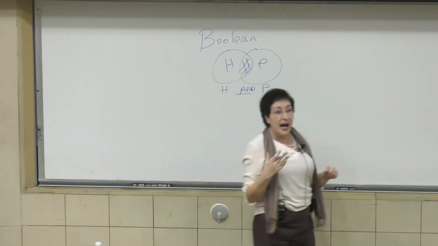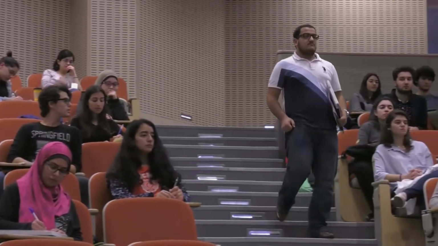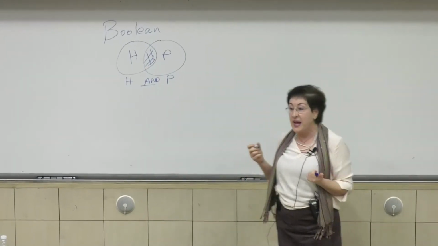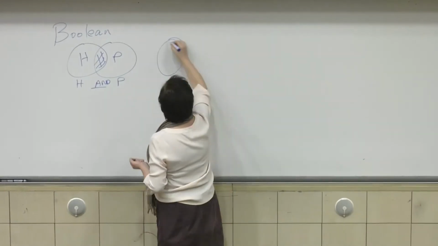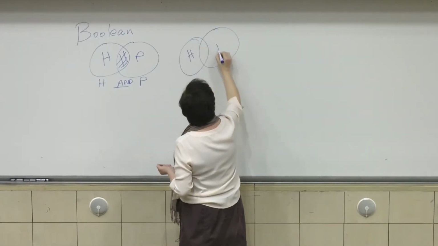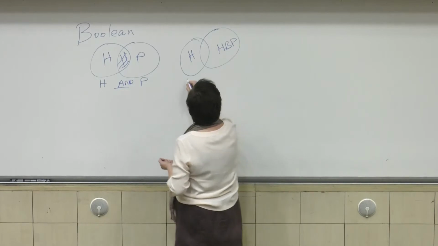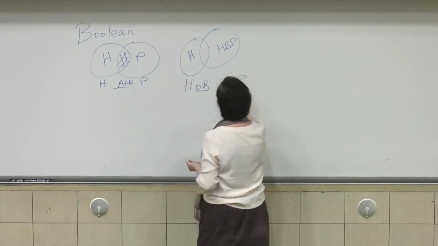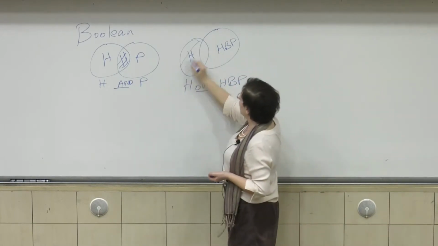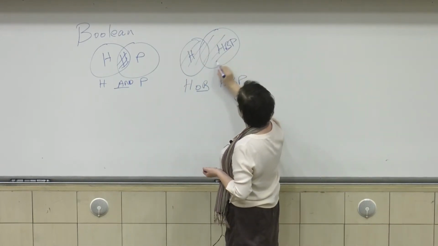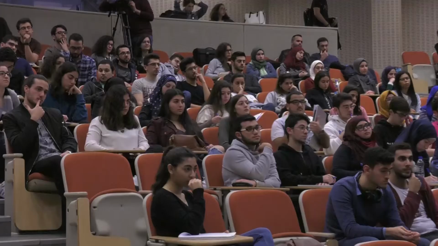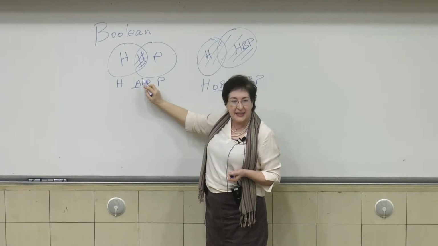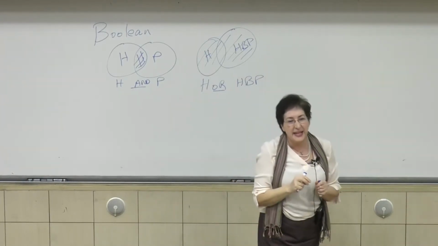On the other hand, if I'm searching for daghut, which is high blood pressure, I know it can appear as hypertension or as high blood pressure. So I should put hypertension OR high blood pressure, and I will be retrieving any point here. As you can see, when I search with AND, the number of hits decreases.